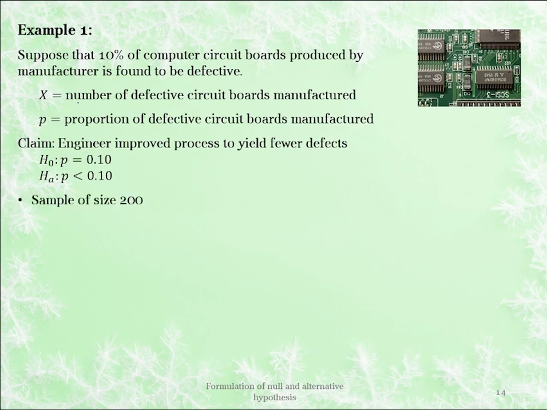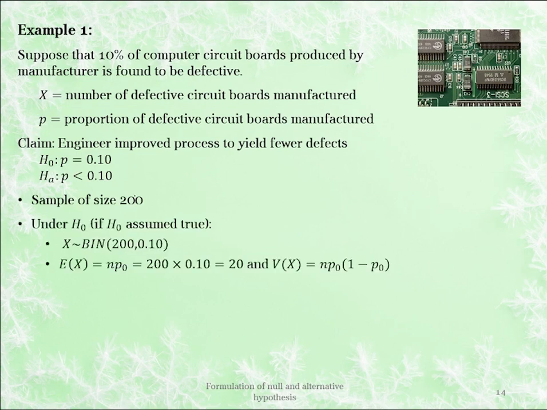Now let's assume that we have a sample of size 200. Then under the null hypothesis, and again, under the null hypothesis just means that we are assuming that the null hypothesis is true. And if we assume the null hypothesis is true, that the proportion of defective circuit boards is 10%, then X will just have a binomial distribution.